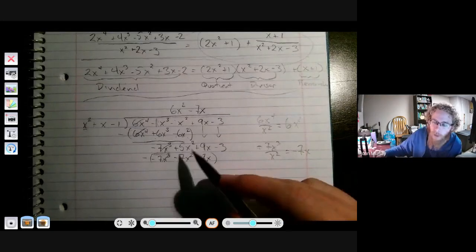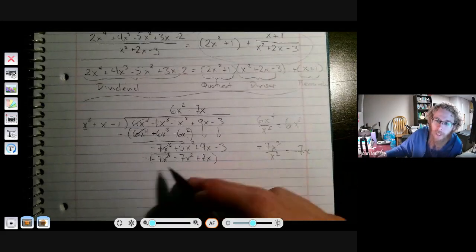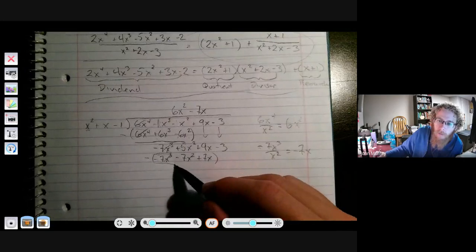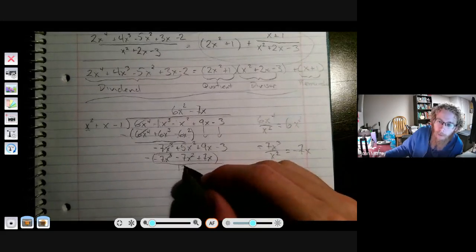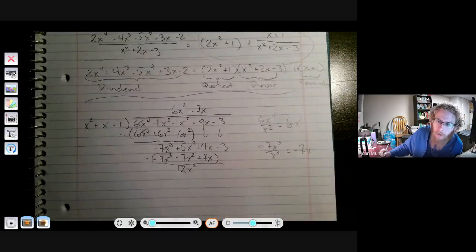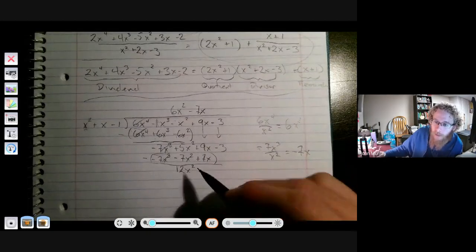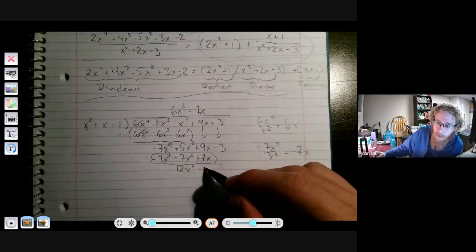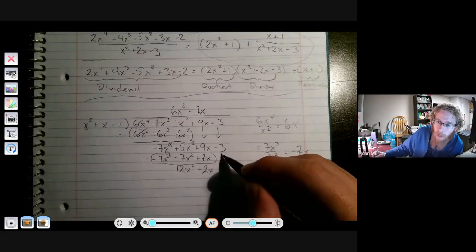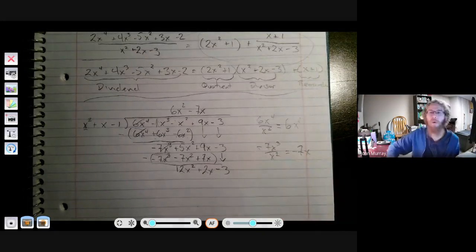Off to a good start. 5 minus negative 7 gets us a positive 12x squared. 9 minus 7, 2x, and we didn't touch the 3, so that gets brought down.